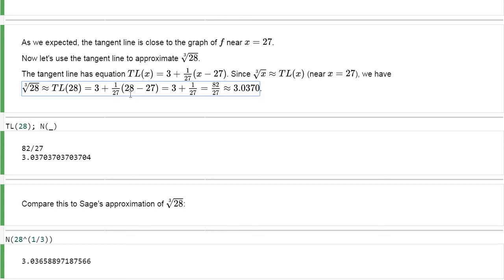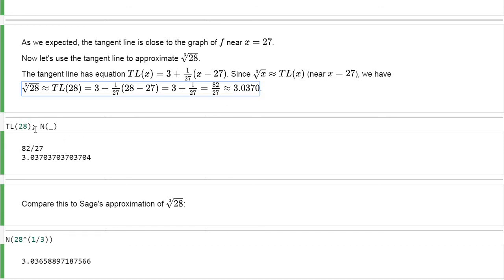I used the unsimplified version because it's a little easier to use in many cases. So 28 minus 27 is 1. So I get 3 plus 1/27. And here's the simplified fraction, 82 over 27, which is roughly 3.037.